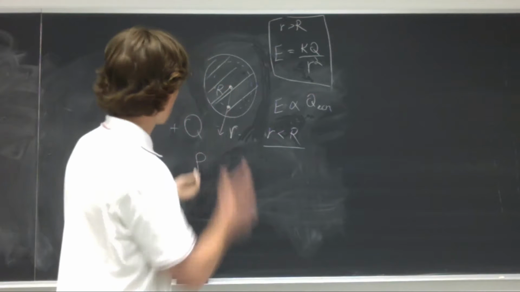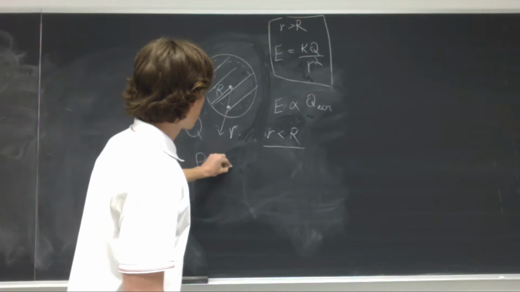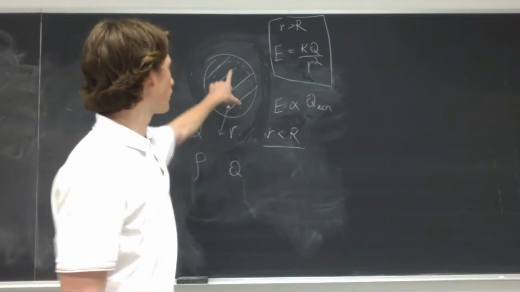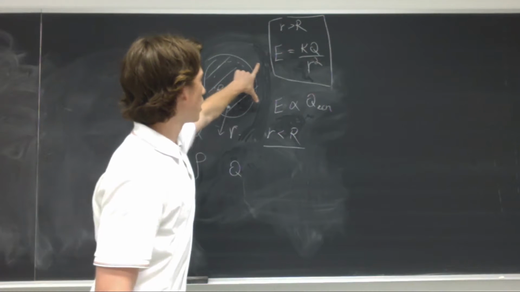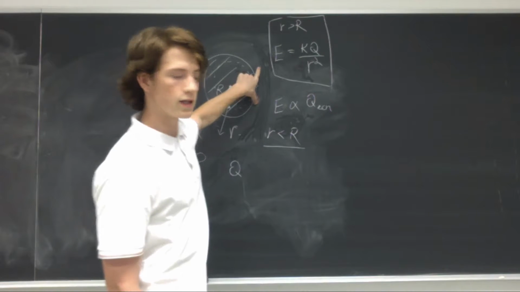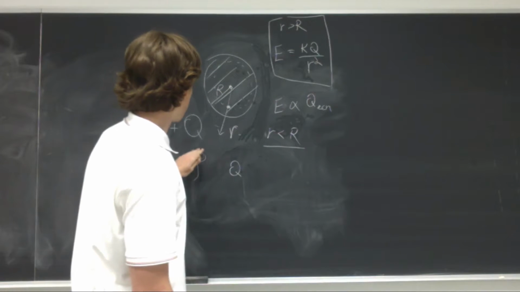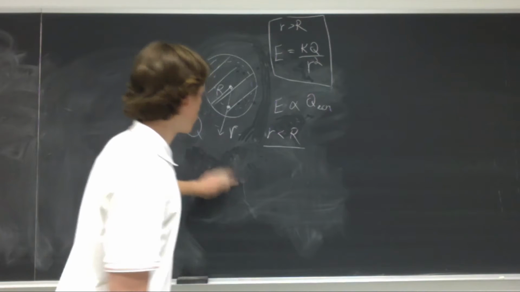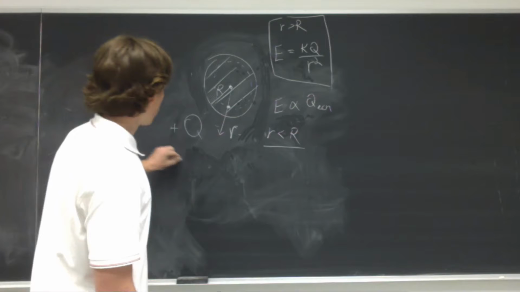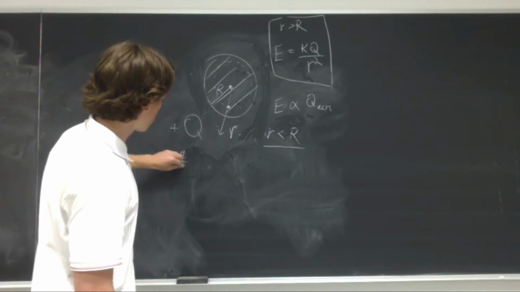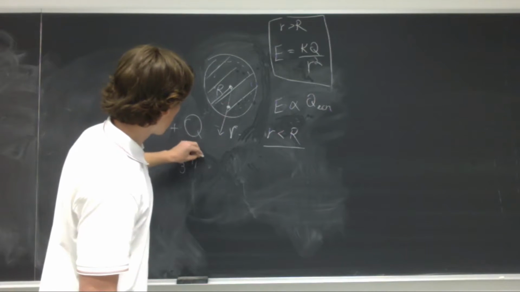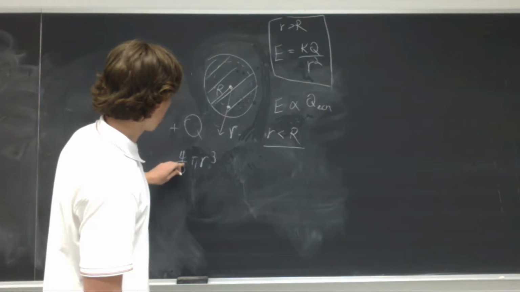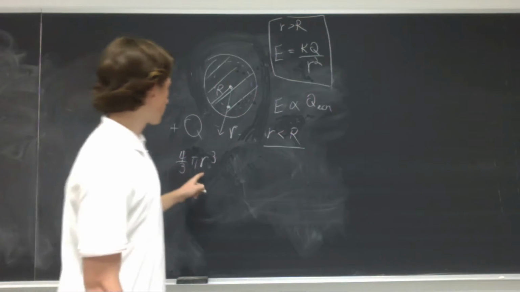So if we begin, it's going to be Q times the ratio of the volume of the Gaussian surface and the volume of the entire insulating sphere. So that'll actually be rho times that. So if we start, the volume of the Gaussian sphere is 4/3 pi r cubed, right? Yeah, 4/3 pi r cubed.